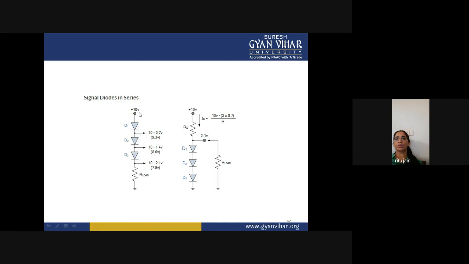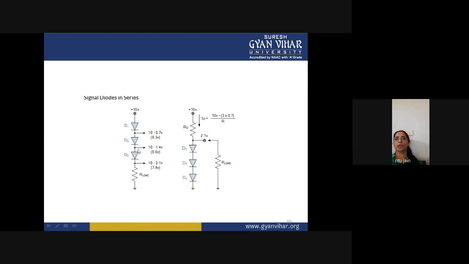And the total voltage you are applying across this diode is 10 volt. So this is 10 minus 0.7 volt, so the voltage across this diode is 9.3 volt. If you talk about diode 2, you can take 9.3 minus 0.7, or you can take 10 minus 1.4, because you are taking the combination of these two diodes.